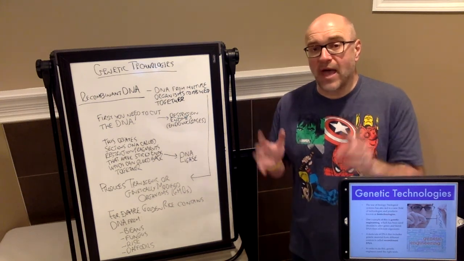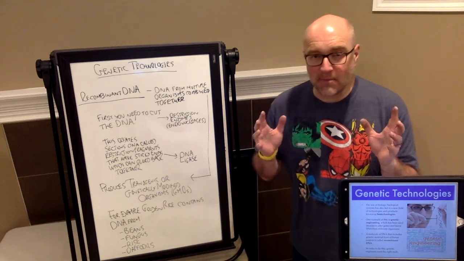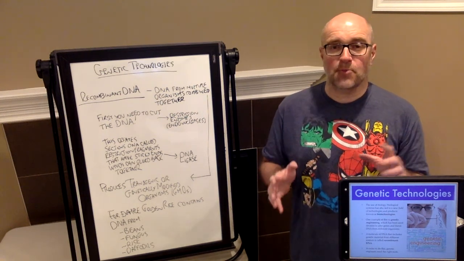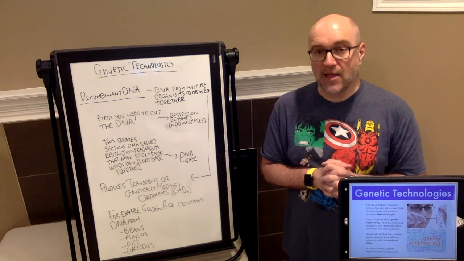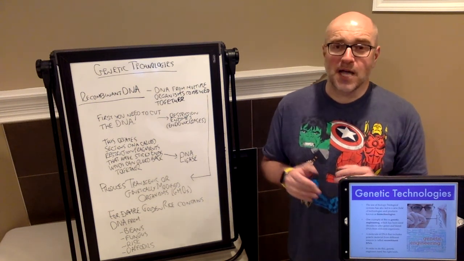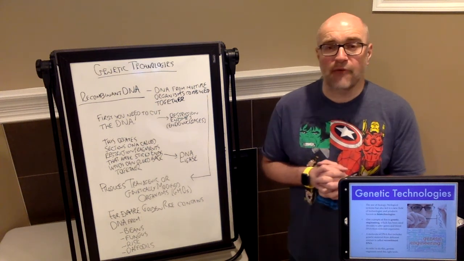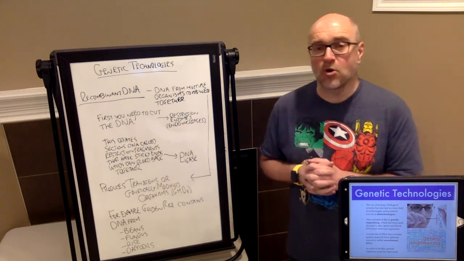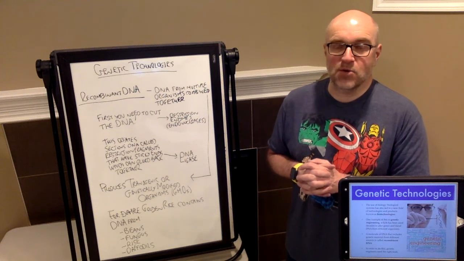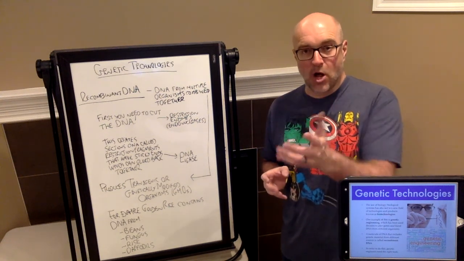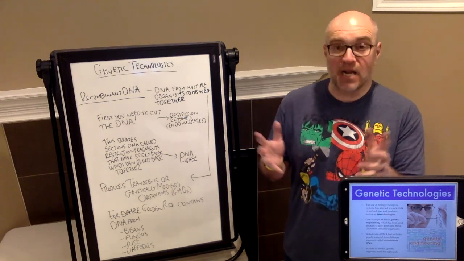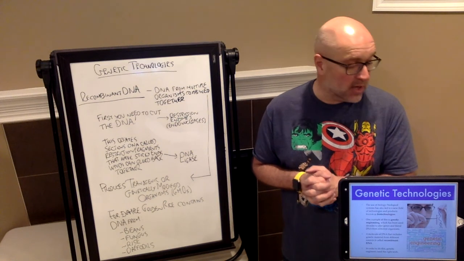And even more than that, we can pick and choose genetic information from different organisms. Because remember, we talked about in our protein synthesis lesson that DNA is universal. It's the same nucleotides, ATGC, that run through every DNA of every organism on the planet. So we can transplant DNA from one organism into another, which would be creating what we call recombinant DNA, which I'll get to right away, and eventually genetically modified organisms or transgenic organisms.